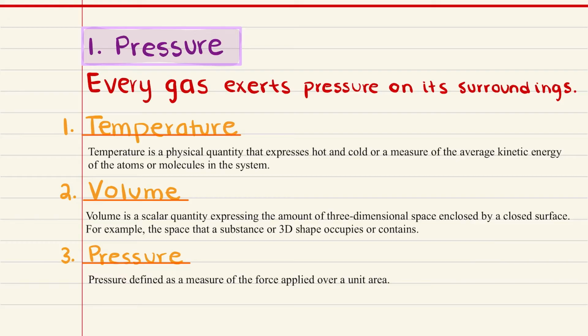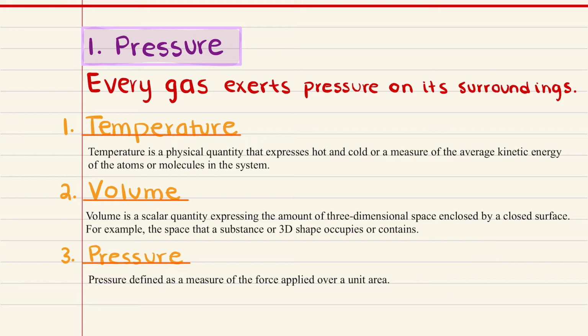Now, this objective is definitely focused on pressure, but I also want to define temperature and volume very briefly. We will get more elaborate definitions, especially for temperature, in a later chapter, but I still want to introduce it here. Temperature is defined as a physical quantity that expresses hot and cold.